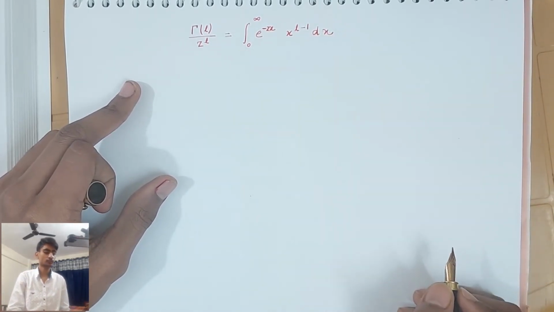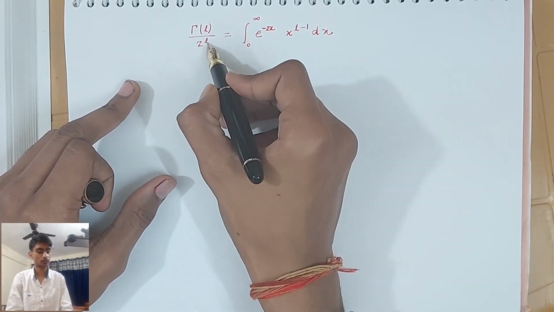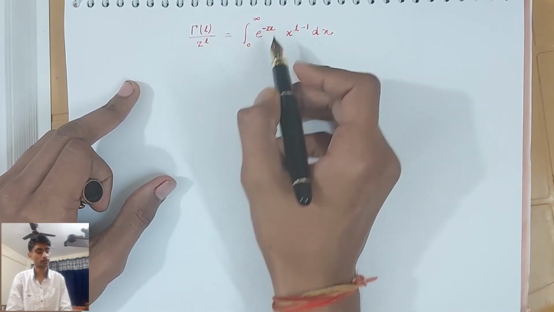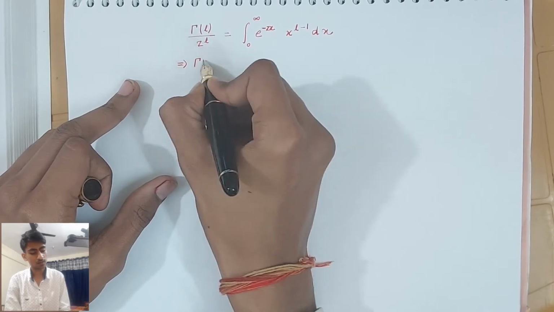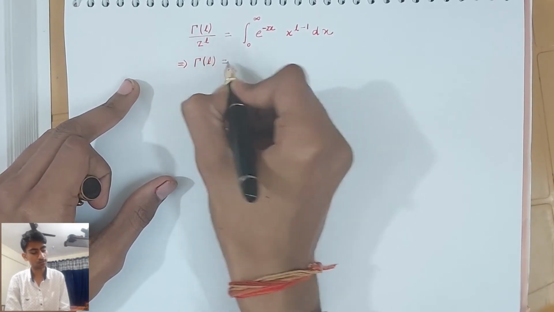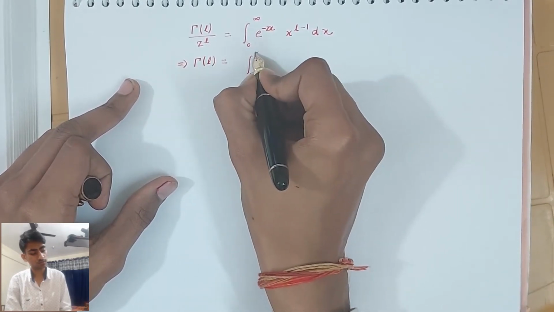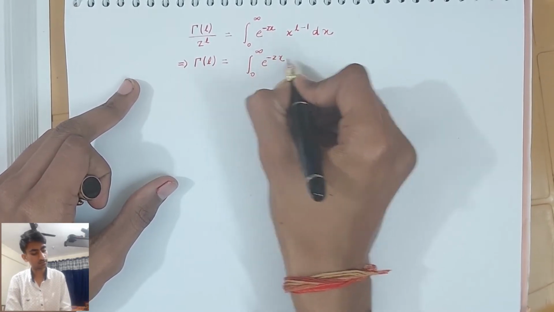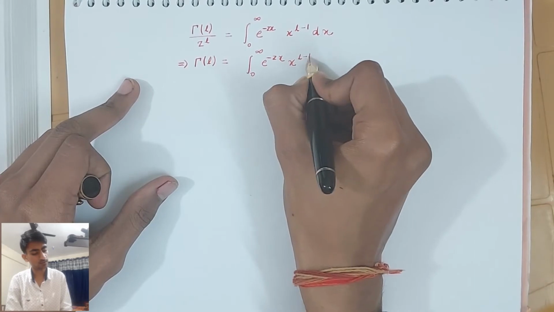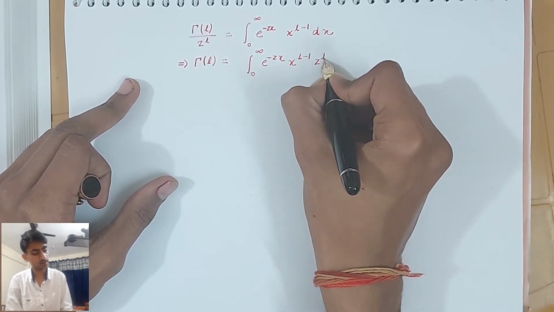If we put this z to the power L on this side of the equation, we will get gamma of L is equal to integral from 0 to infinity e to the power minus zx, x to the power L minus 1, z to the power L dx.